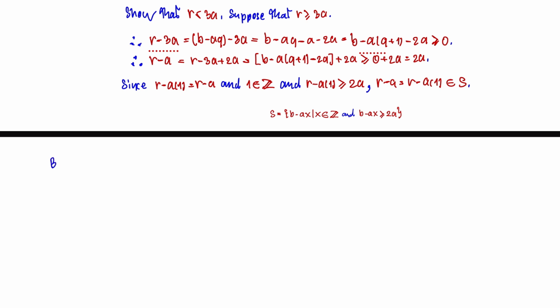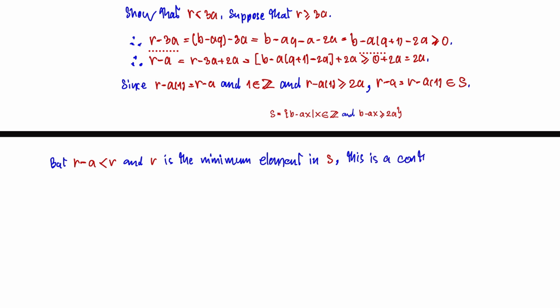But R minus A is less than R, and R minus A is in set S. But this R is the smallest element, and R is the minimum element in set S. So this is a contradiction.